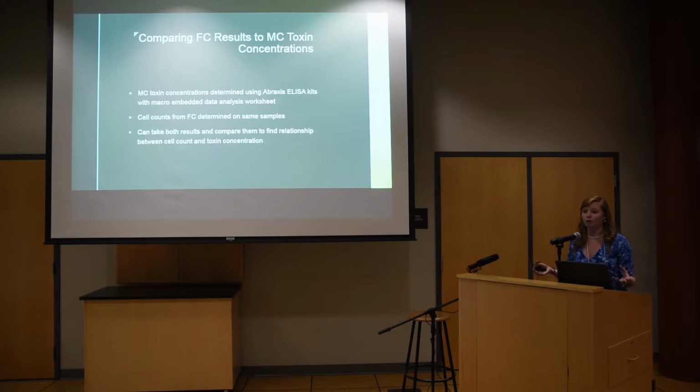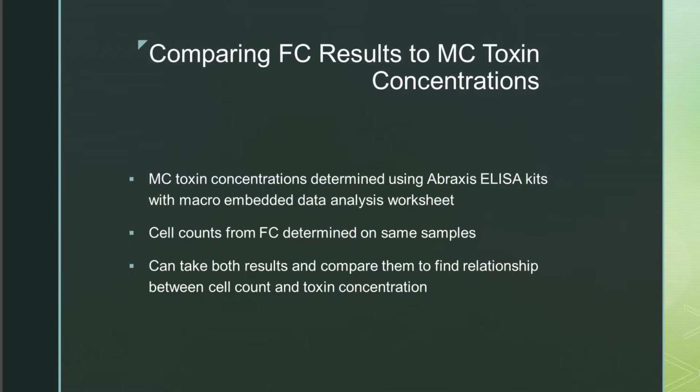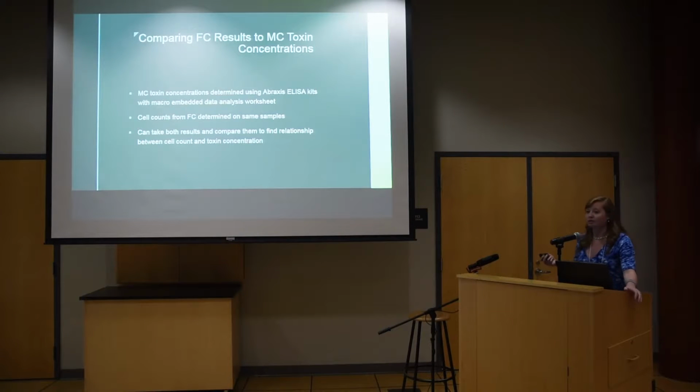So getting into my results, the whole goal of this is to try to figure out how cell counts of microcystis correlate to the microcystin toxin. Turns out that is extremely difficult, as you all probably know. So we analyzed the toxin by using the Abraxas ELISA kits, and we also did the quick lyse beforehand on all our samples. We did them in duplicate.